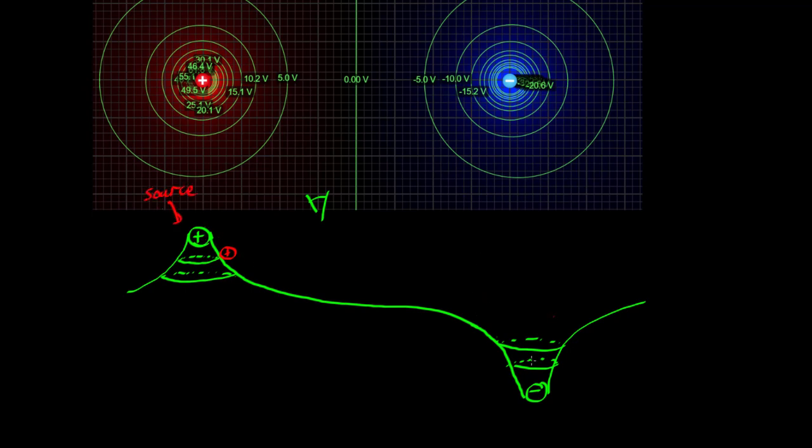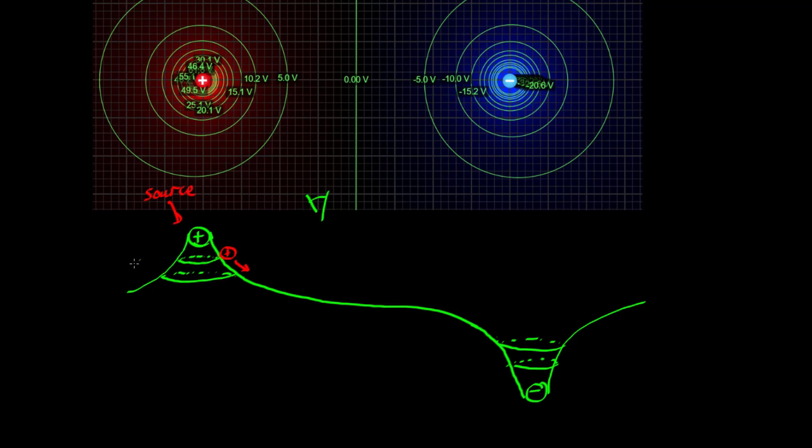I'm going to ignore the negative over here, so we're just considering this right here. Since these are like charges, they're going to repel, and so the field is going to push this thing down the hill. A positive charge behaves kind of like a ball in a gravitational field. If we put it on a hill and release it, it's going to start moving. And this one would actually move all the way across and then down into the hole. And so we would get motion of this positive charge.